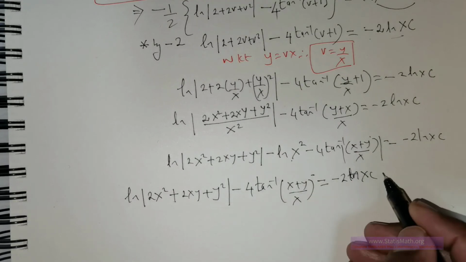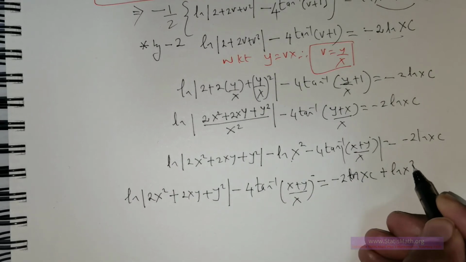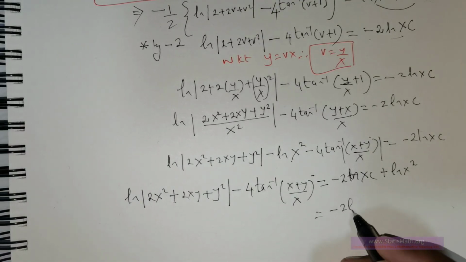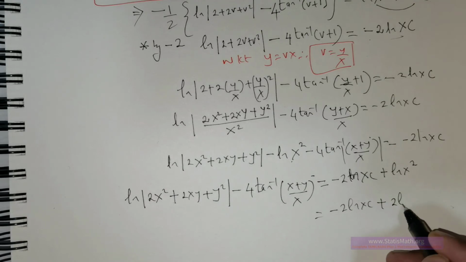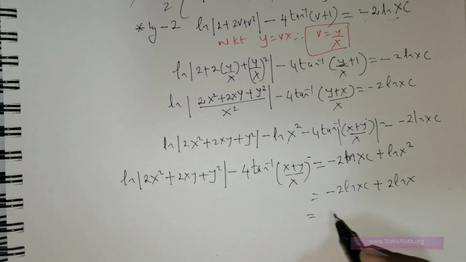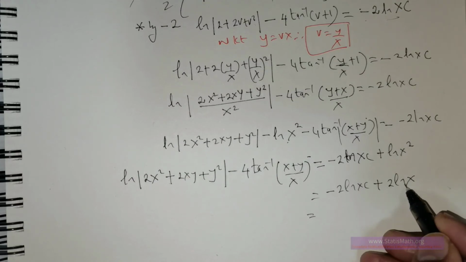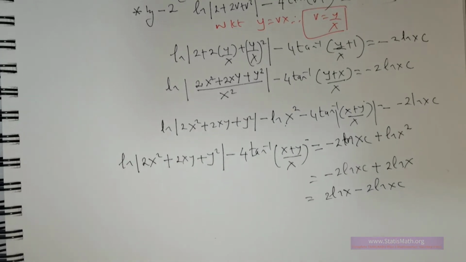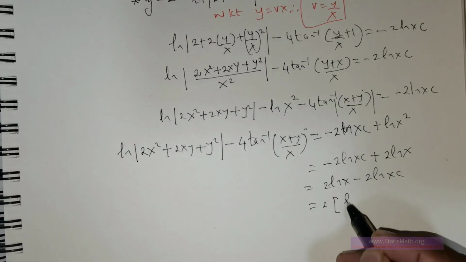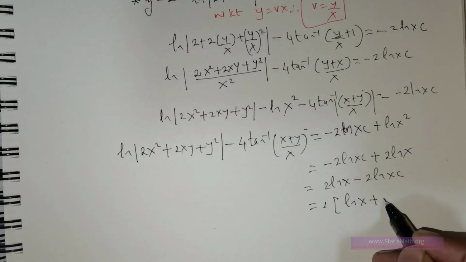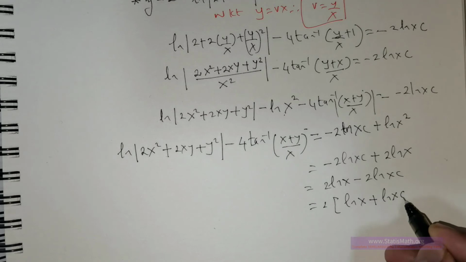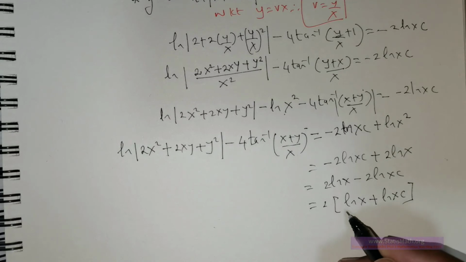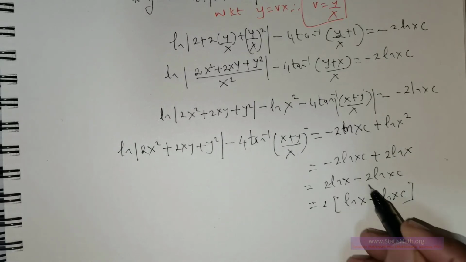Now this becomes positive ln x squared. Now I can rewrite this as negative 2 times ln xc plus 2 times ln xc, which is nothing but 2 times ln x minus 2 times ln xc. I can take 2 common and write this as ln x plus ln xc. Oh, in fact, I can't do this because there's a negative sign there.